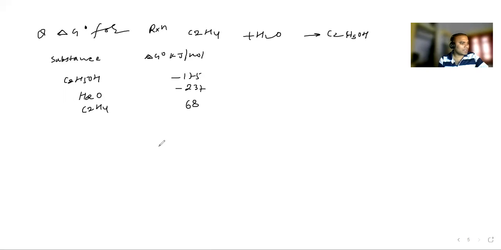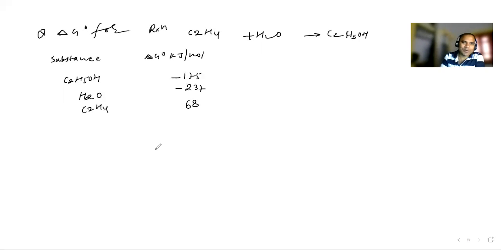Can you try? This is for C2H4 plus H2O gives C2H5OH. Is that negative 175?